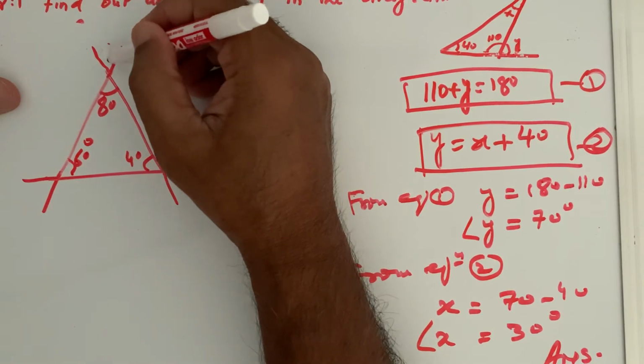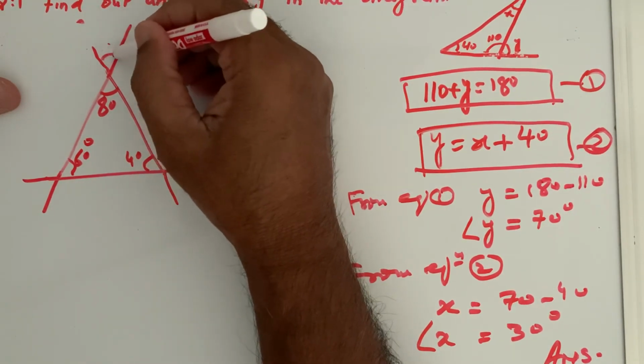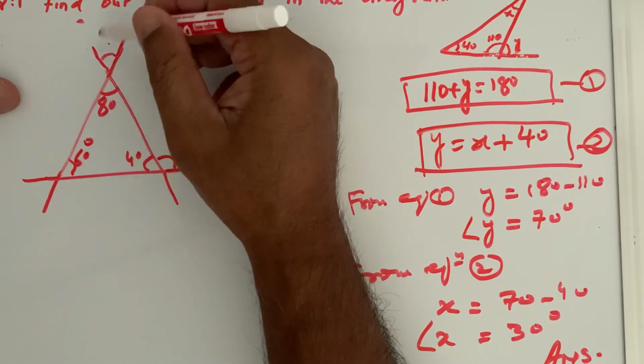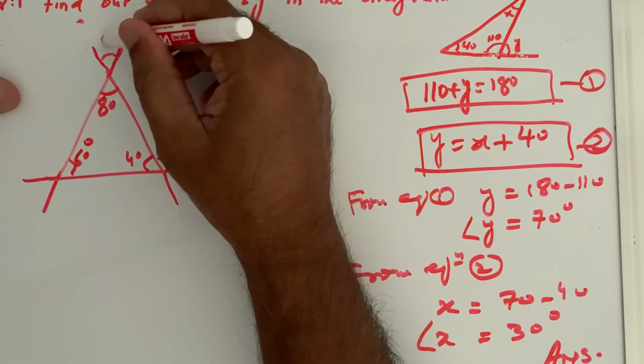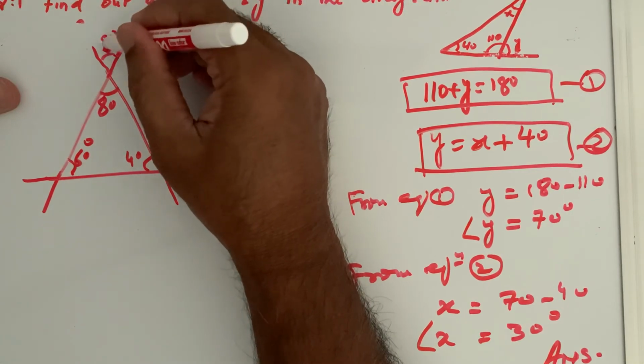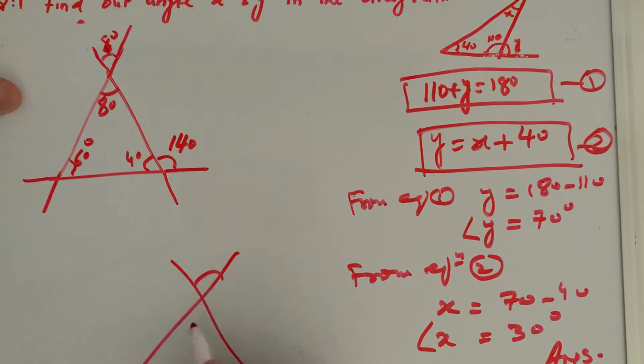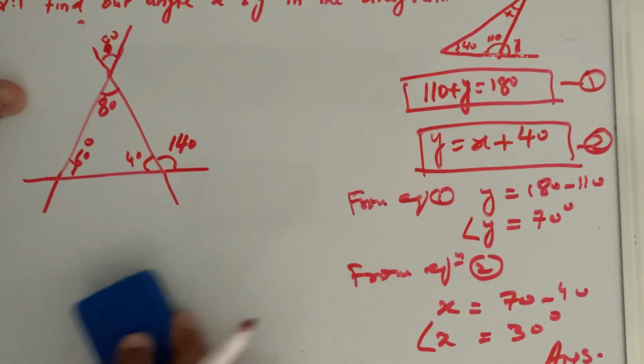What will be this angle here? This is an exterior angle, right? This angle will be equal to 80 because it is just opposite. When two lines cross like this, we know that these opposite angles are equal, right? So this is 80.